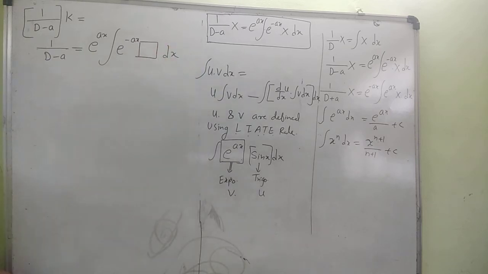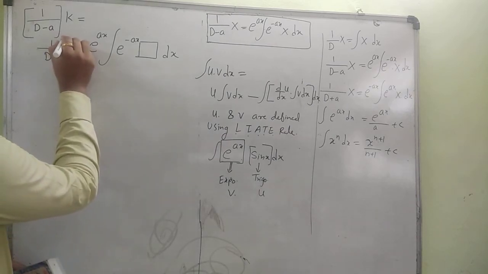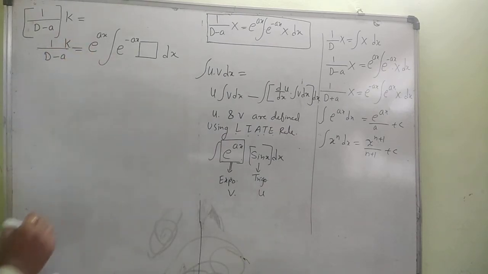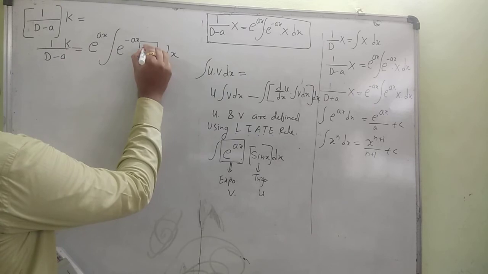So this is the definition of 1 upon D minus a. In this case, we have been given a constant term, that is k. So we will be using this k here.